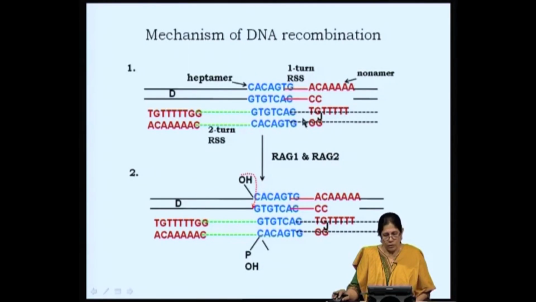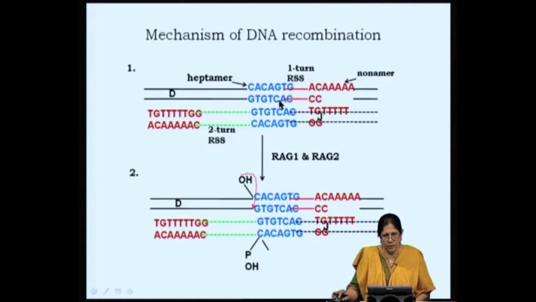RAG1 and 2 not only recognize the signal sequences, but they also nick the DNA on one strand, and this is always at the joining of the coding strand and the RSS. This is rather precise.